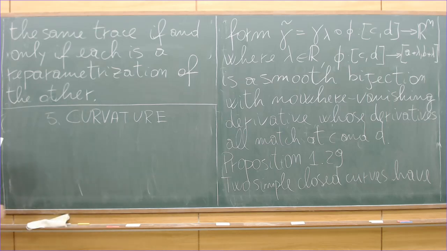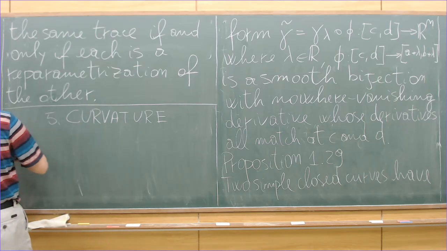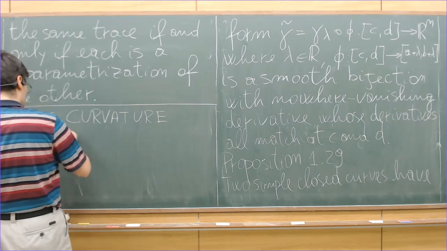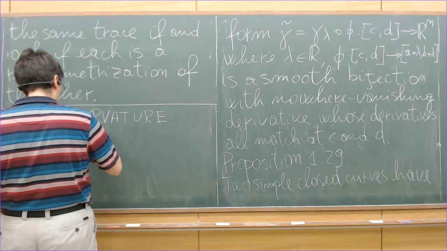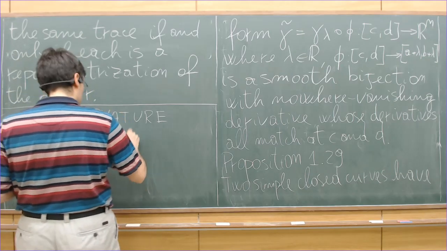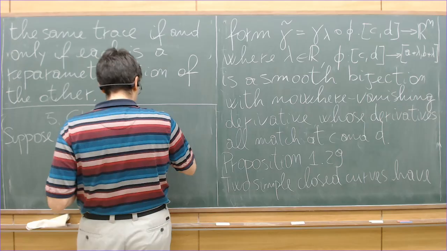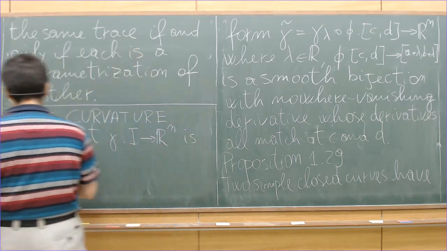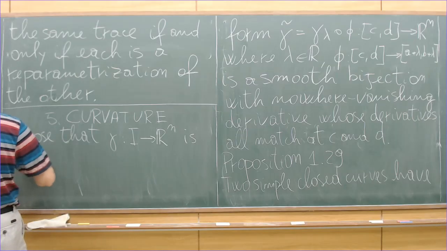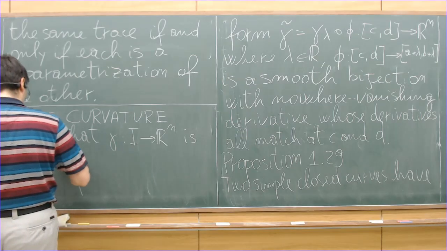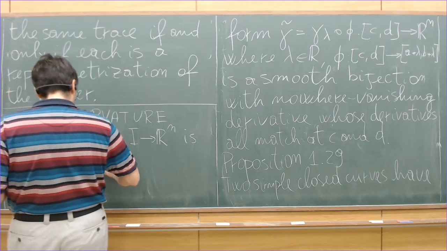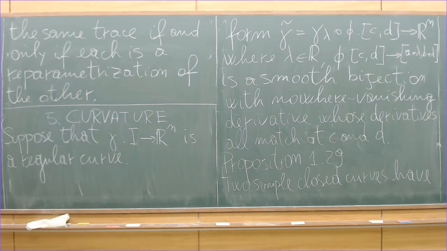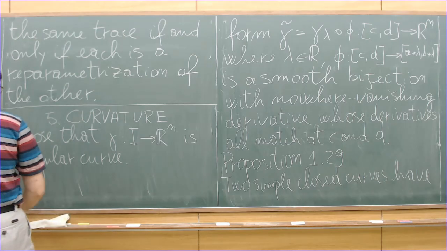So suppose that gamma from I to R^n is a regular curve. What we want to do is the following.